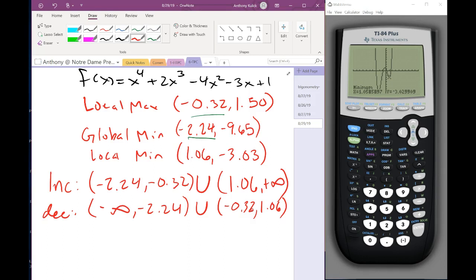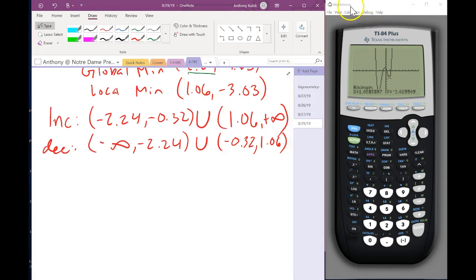That wasn't too bad. The hardest part is probably making sure you get a decent window, but Zoom standard, if your teacher's not a jerk, should get you a window that you can view the function in. Okay? So that'll close up section 4.